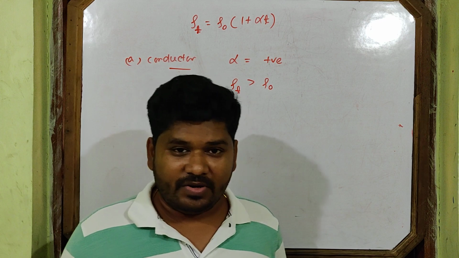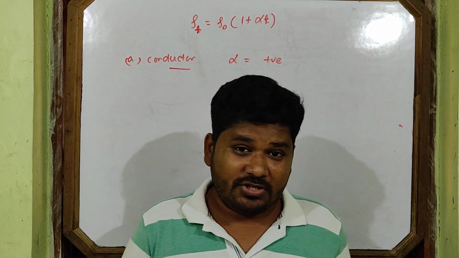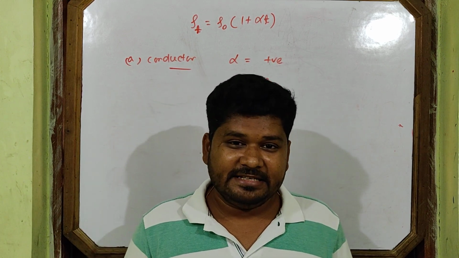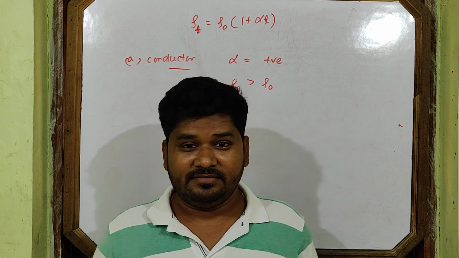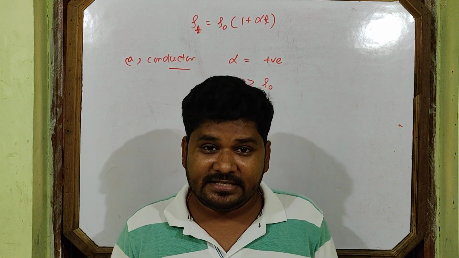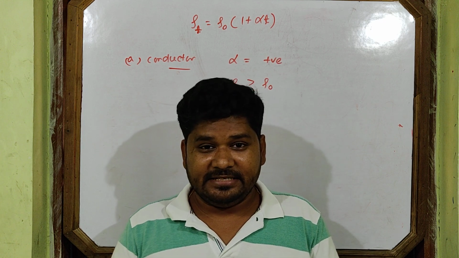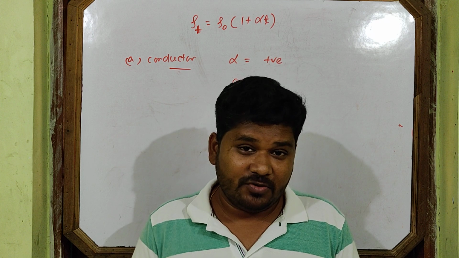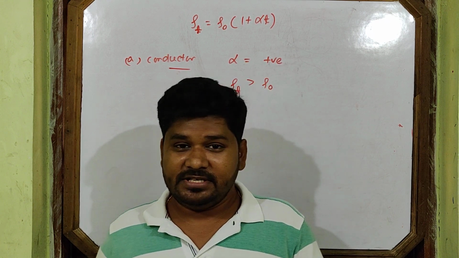The question may come to your mind: tell us the electronic theory. Actually, why does this happen? When temperature increases in a conductor, why does resistivity increase? Resistivity increases means obviously resistance increases. But why does the resistance increase with increase in temperature? If we go to the electronic theory, then what happens? In two ways I can explain the answer.